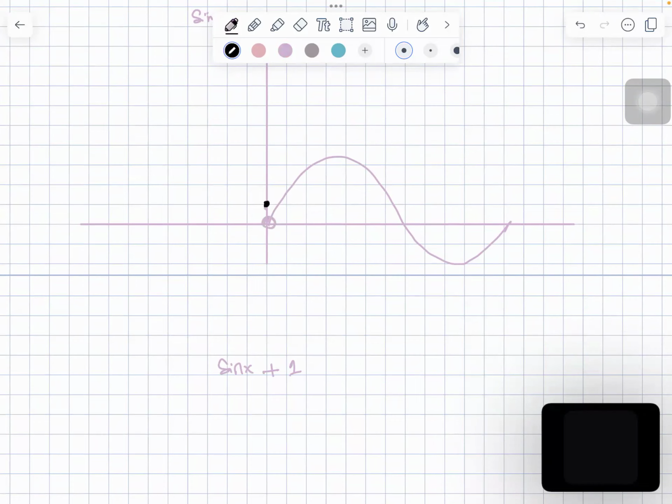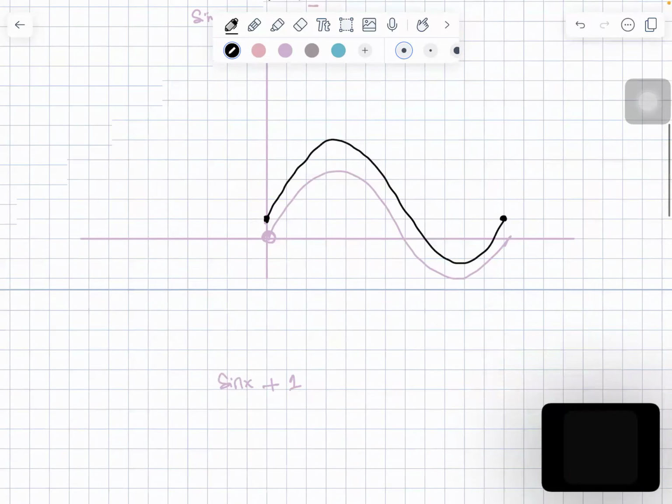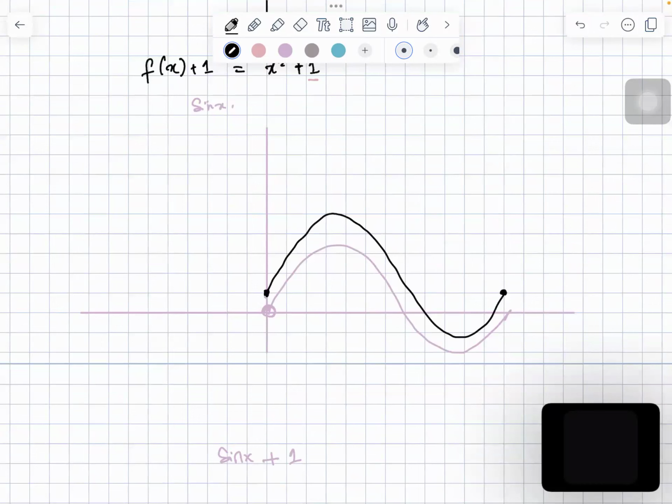So this will come here, and then all of the points go 1 above. And if we do minus 1, it goes 1 down. Exactly. So that's basically translation of the graph.